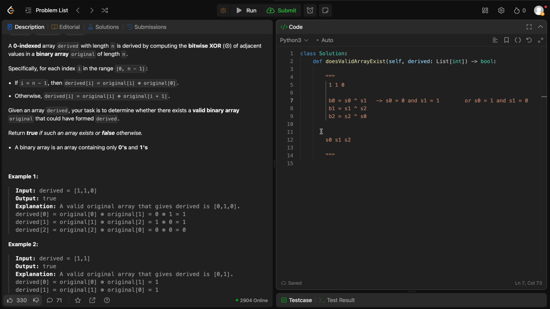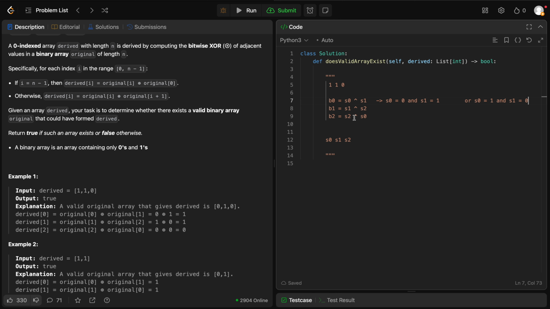But since we have XOR, this is always true, so there are only two possible solutions. Depending on this one, we know if S0 is 0 or S0 is 1.